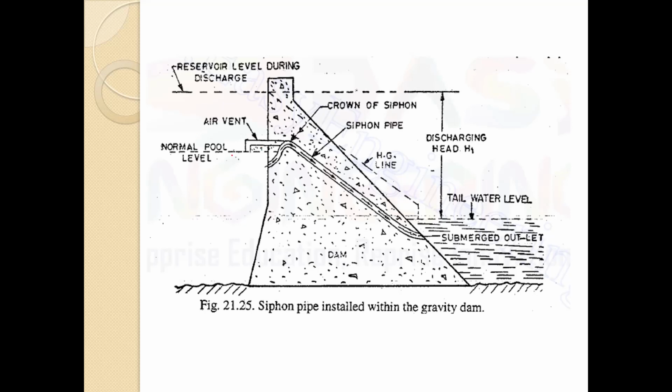When air starts to enter from this particular air vent, obviously the flow will stop. So this is the siphon pipe installed within the body of the gravity dam.